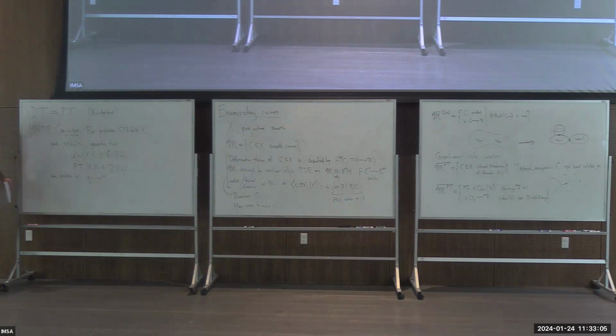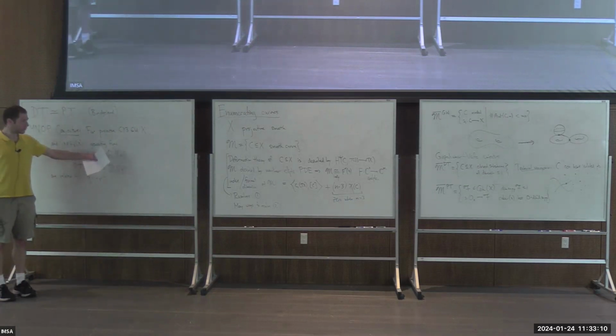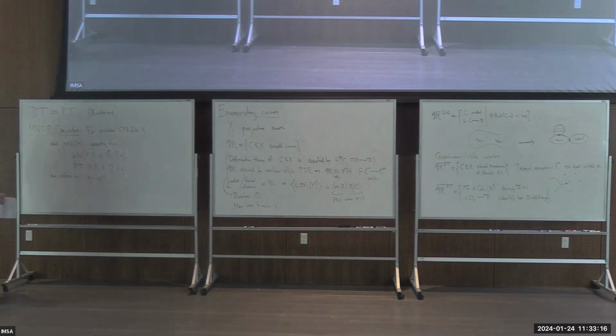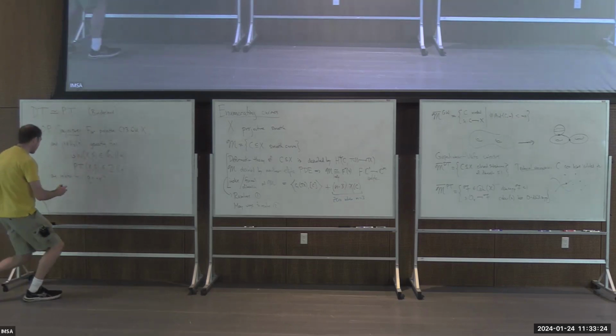Which is an interesting change of variables, since these are formal expansions around u equals 0 and q equals 0, but this change of variables sends u equals 0 to q equals 1. So implicit is some sort of analytic continuation of the PT power series from q equals 0 to q equals 1.